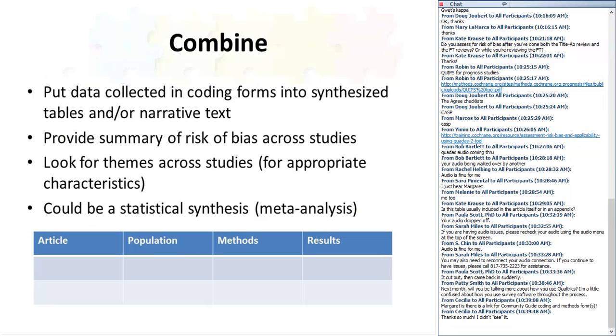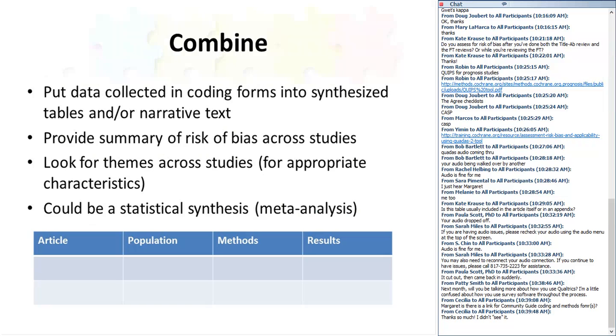One thing that's very useful when trying to figure out how to do this, especially when thinking about the tables, would be to look at those previous reviews on the topic and see what kind of evidence tables they provided. That's going to give you a lot of insight into how they coded the articles, because that's the output from the coding.